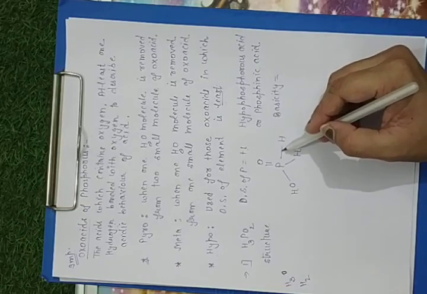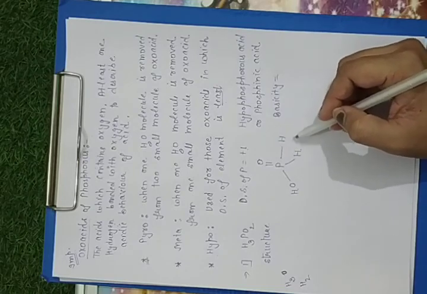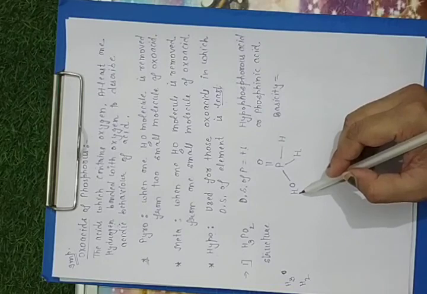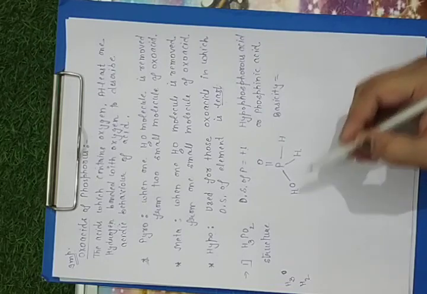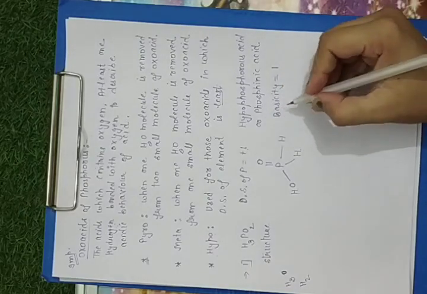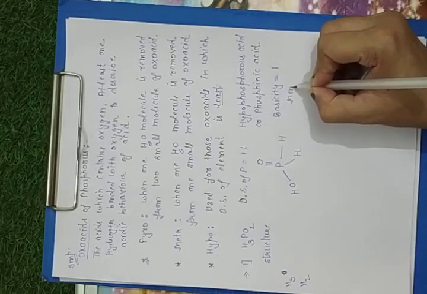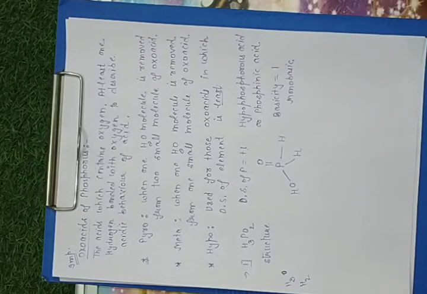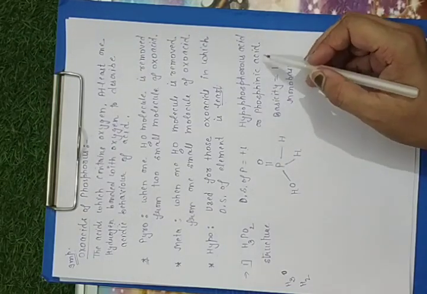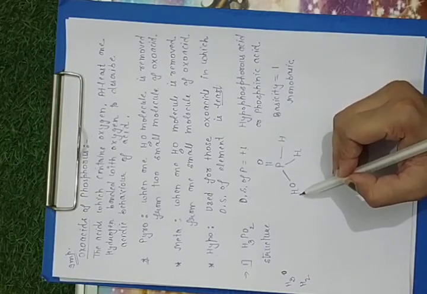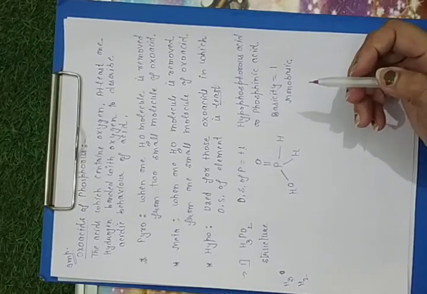So it is not possible to release these hydrogens, but it is possible to release easily the hydrogen which is connected with oxygen. So its basicity is 1. Hence it is called monobasic. So hypophosphorus acid has 1 double bond O, 1 single bond OH and 2 single bond hydrogens.